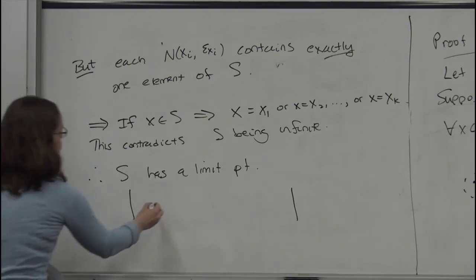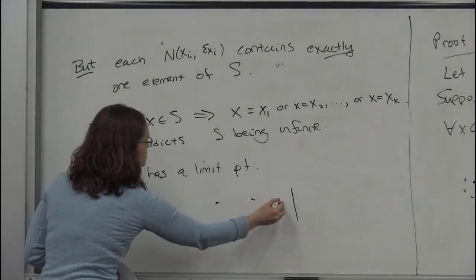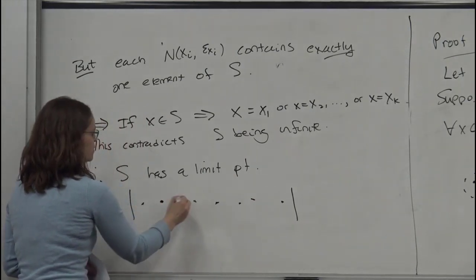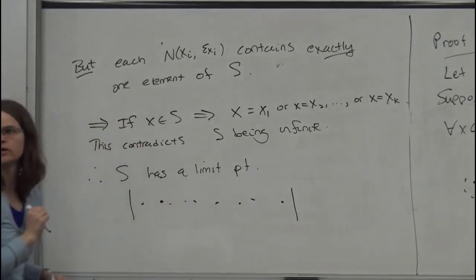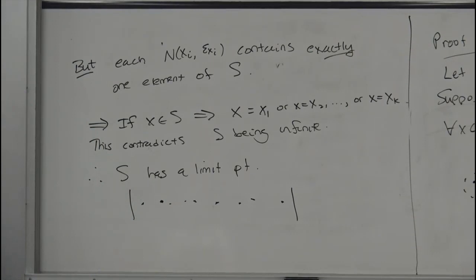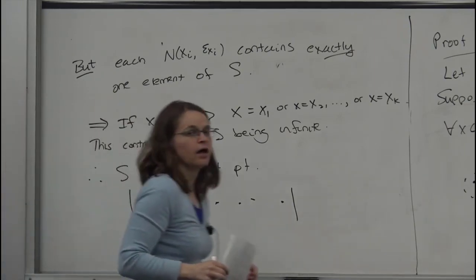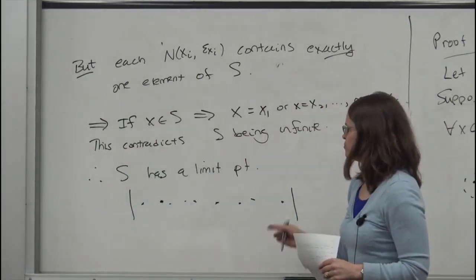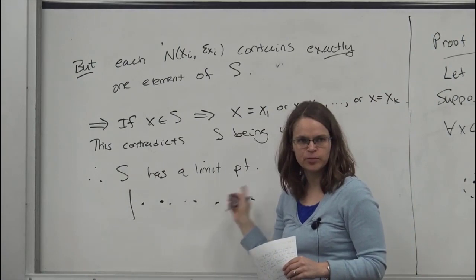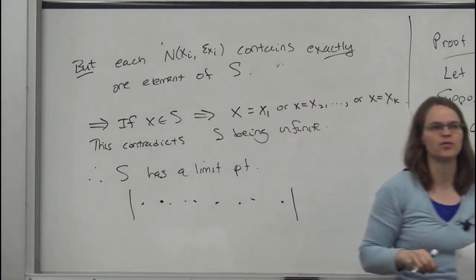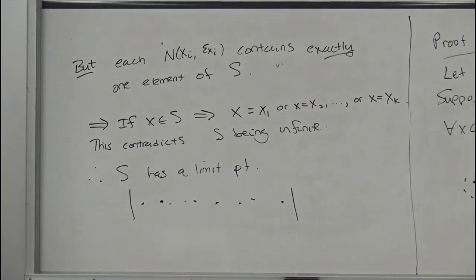I just start throwing down points anywhere I want. The fact that there are infinitely many of them means eventually they have to build up somewhere. They can't just keep staying separated from each other. There's not enough space. And that, again, means that if this collection of points comes from a numerical method, they also have to build up somewhere. They have to converge to something. Questions?